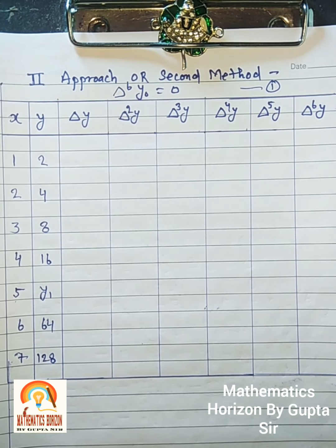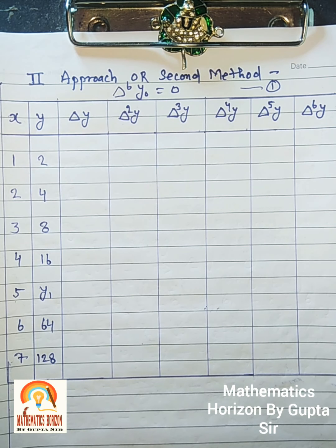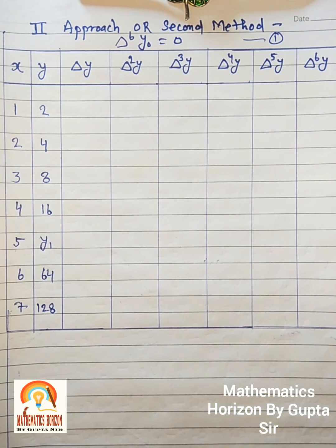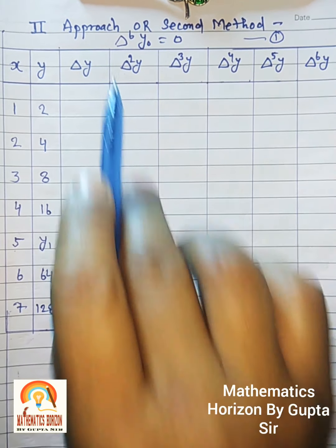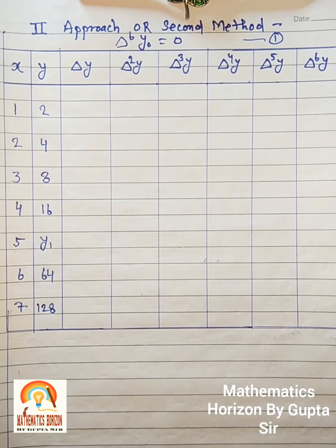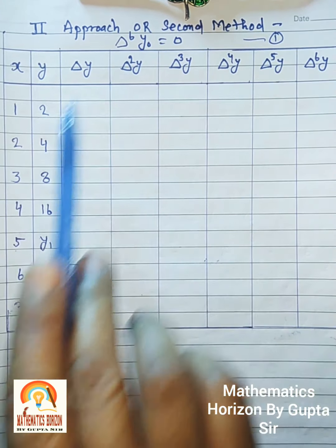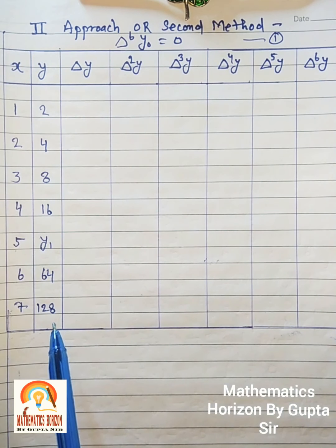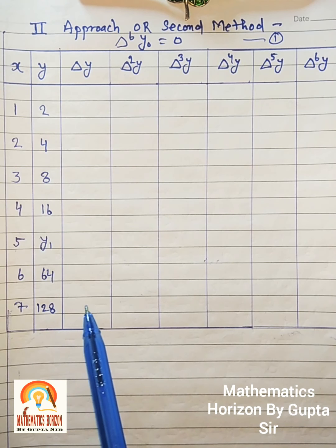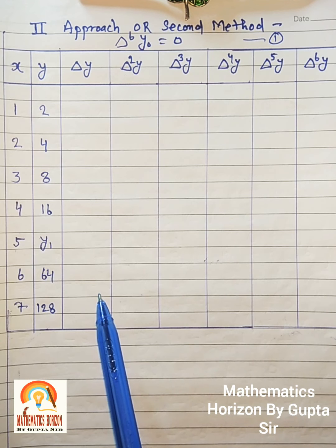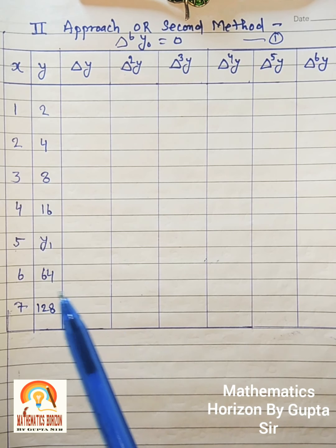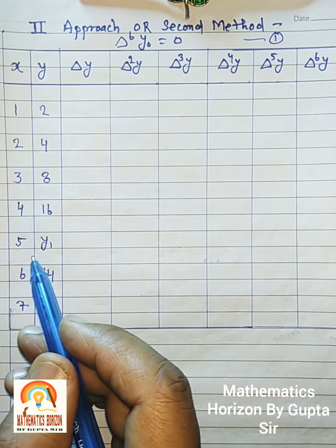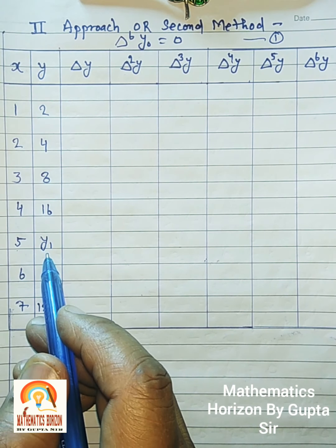Okay, now we construct the forward difference table. Here this del is a forward difference operator. Total 6 values are given, and we can put here y4, this is our y4 value.